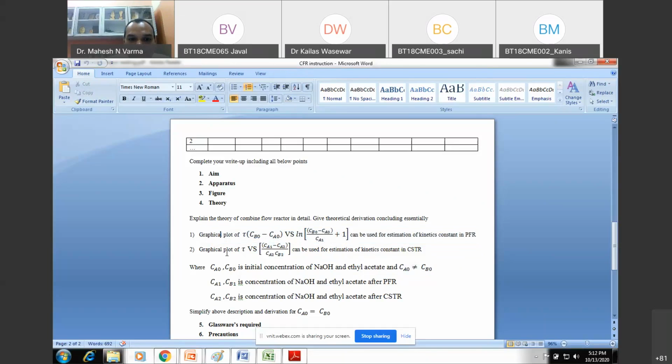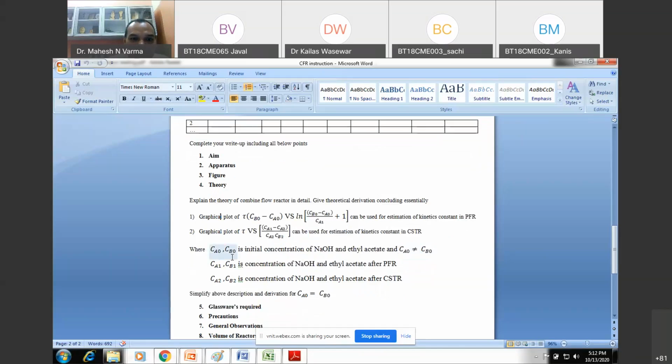Similarly, you need to prove that a graphical plot between tau and CA0, CA1 minus CA2, CB2 can be used to estimate the kinetic constant for CSTR.